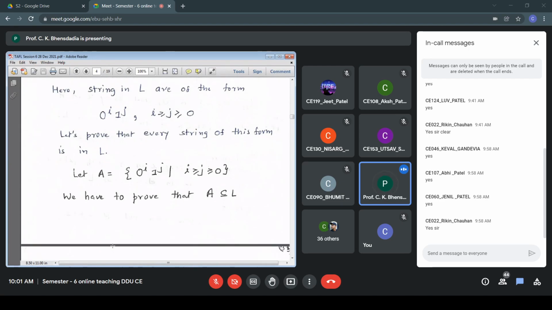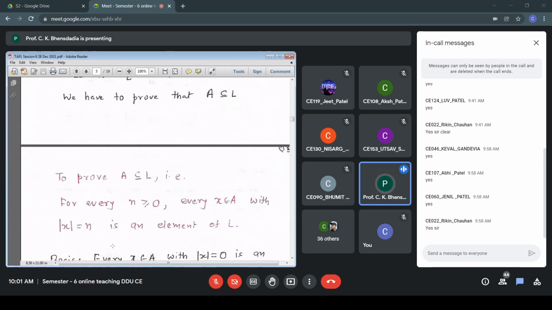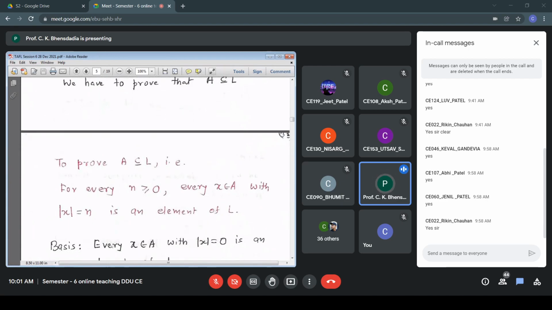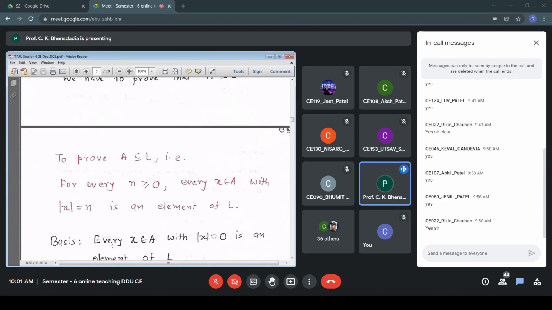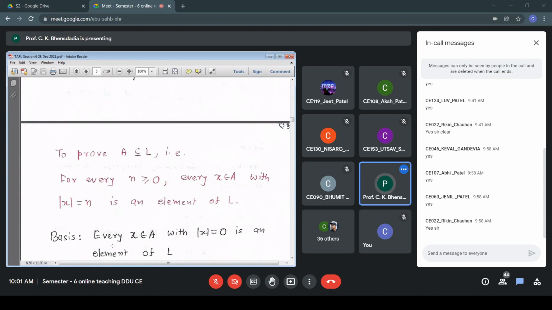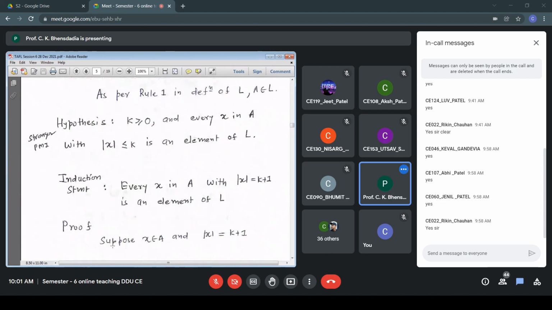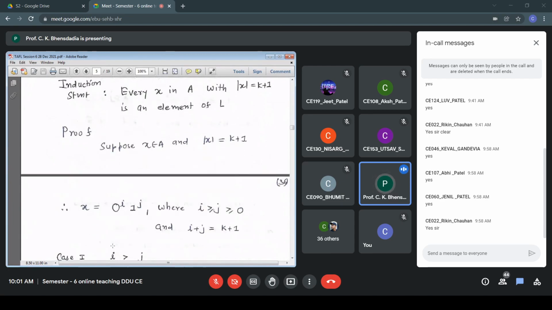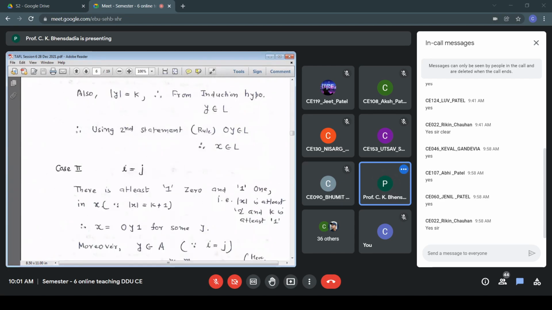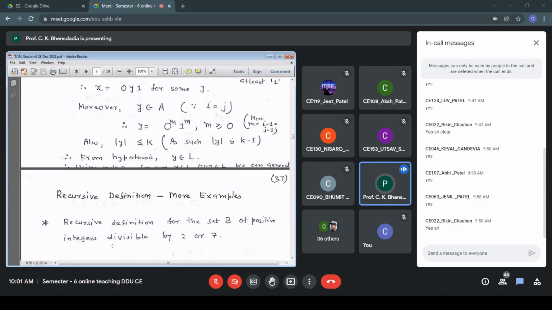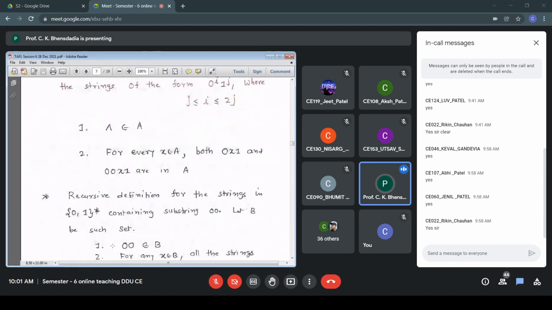In both the examples that we have worked out till now, the induction variable is length of string. Now we'll use a different induction variable in the next proof.